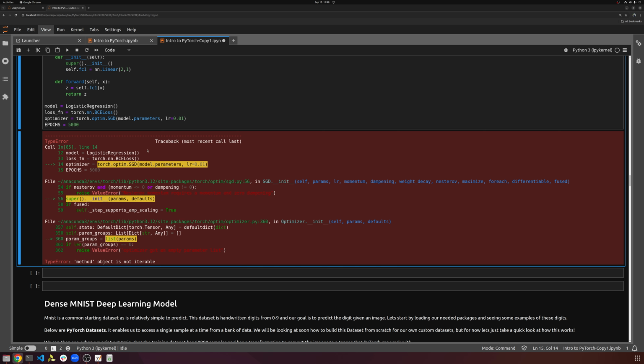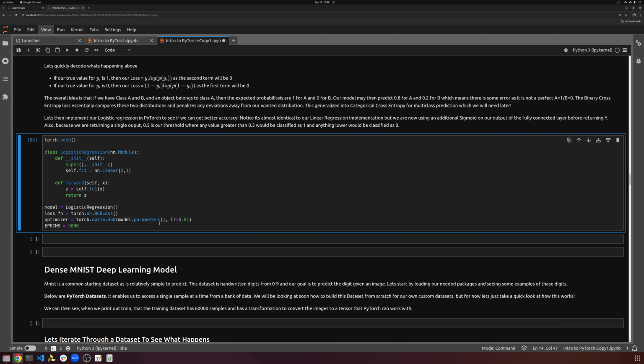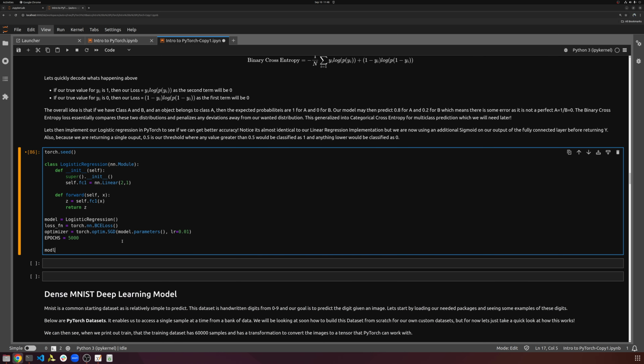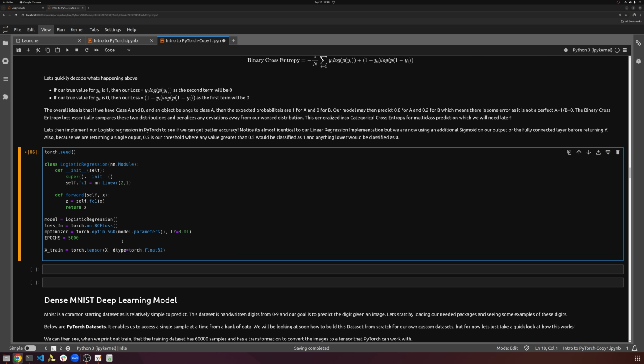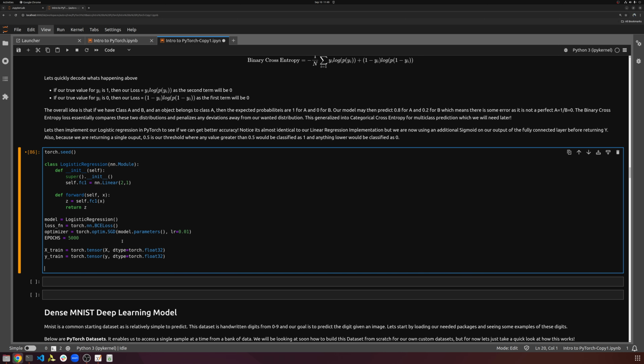Which one am I missing? Parameters should have parentheses after it. There we go. Now, I think I have to do the same thing as before. So X_train is torch.tensor(X), the dtype is torch.float32. Y_train is equal to, again, torch.tensor(y), dtype equal to torch.float32. Then let's give this a quick example here.